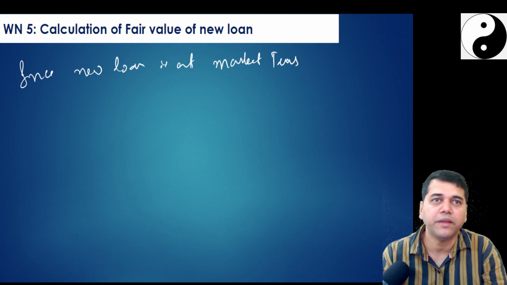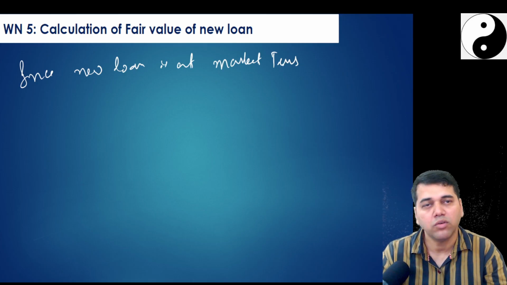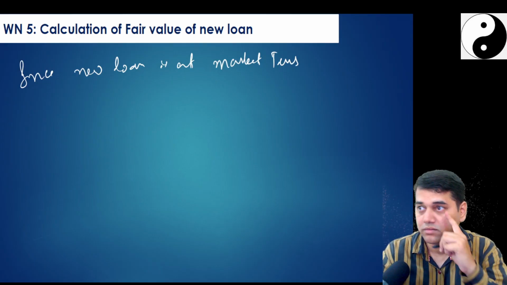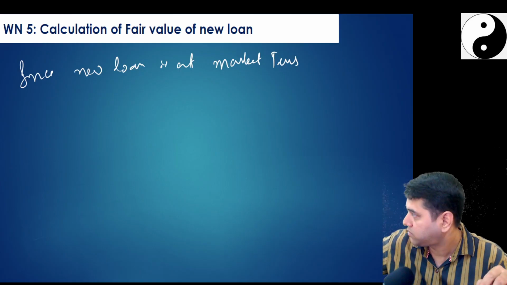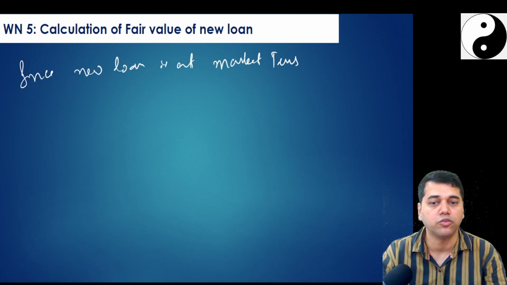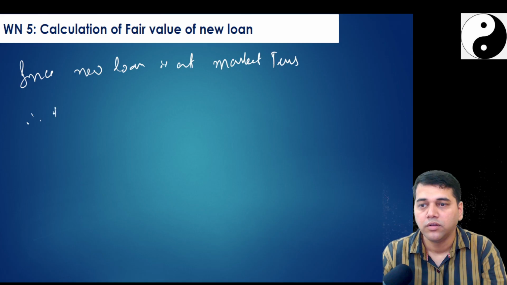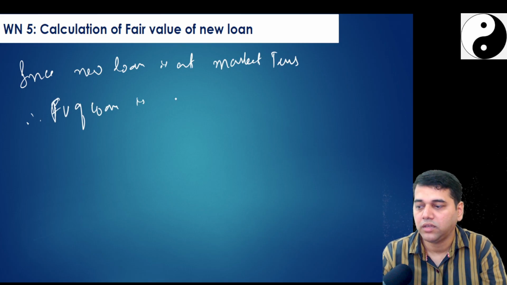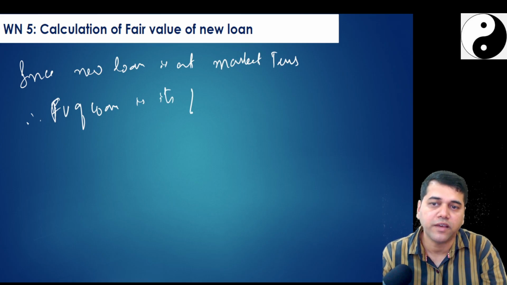They said you have to pay 15%. What is the market rate? Have they told you? In the first question, they said 11% was the market rate of interest at that time. Have they told you here in this question? No. Therefore, the face value of the loan is its fair value.